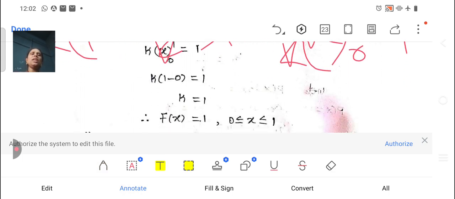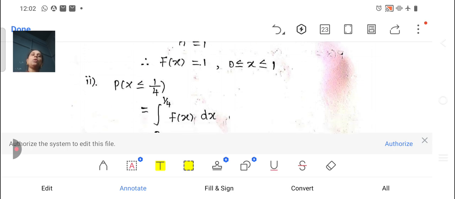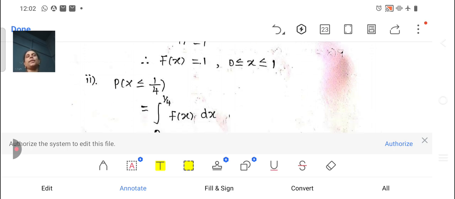So here the f of x value is 1, and the range lies between 0 and 1. Next we have to find P of X less than or equal to 1 by 4.